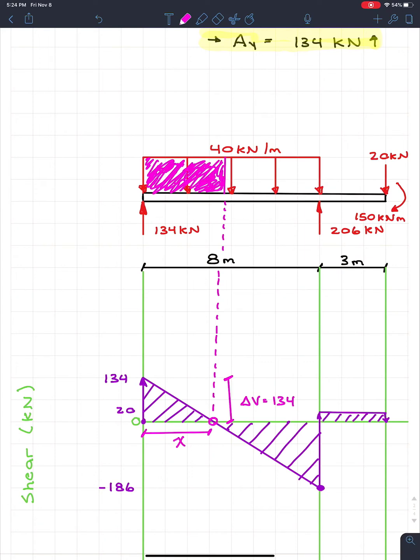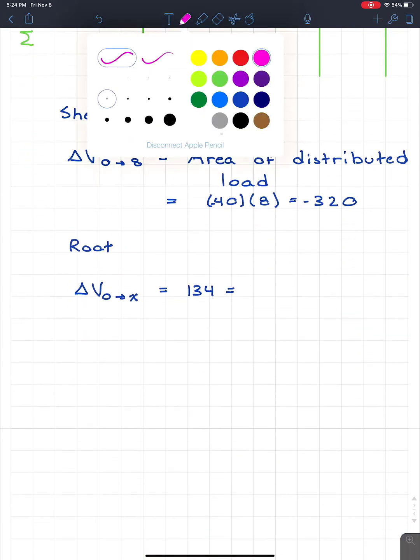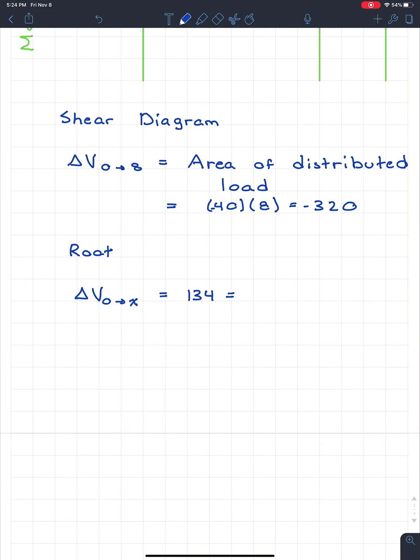And the height is going to be 40, and we know that the base of it, so from here to here, well, we know that that's x, because that's what we're trying to find. So we know the change in shear is going to be 134, which is equal to the area, which is going to be 40 times x.